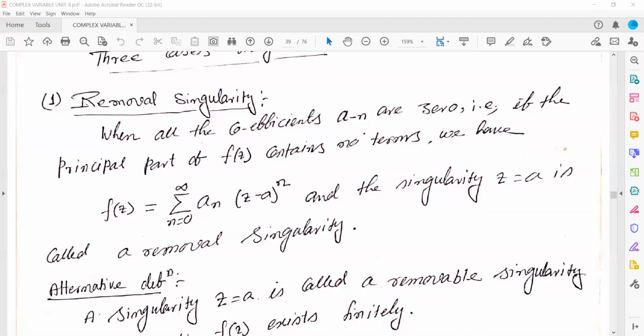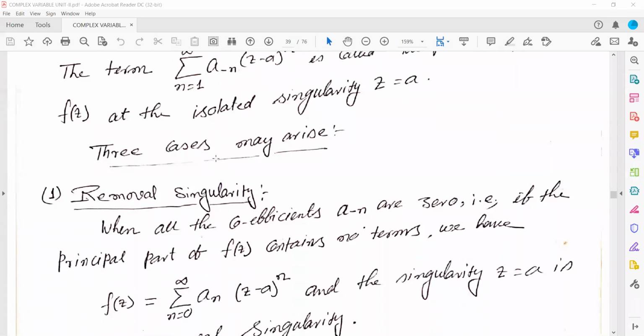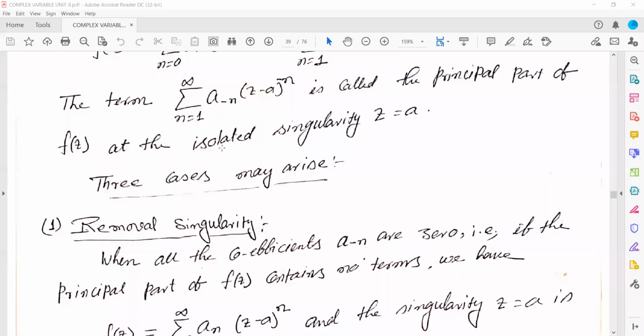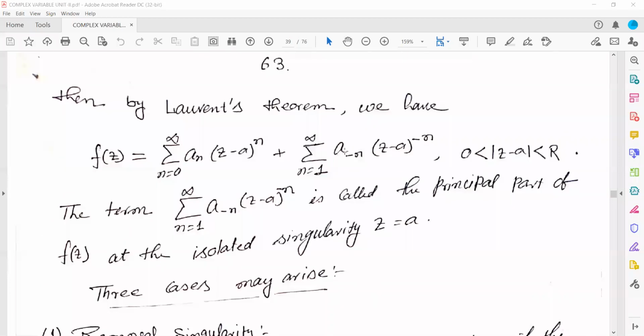That means if all the coefficients a minus 1, a minus 2, a minus 3, a minus 4, and so on up to a minus n are 0, then ultimately this principal part will become 0. And so f(z) will be the sum from n equal to 0 to infinity of a n (z minus a) to the power n.